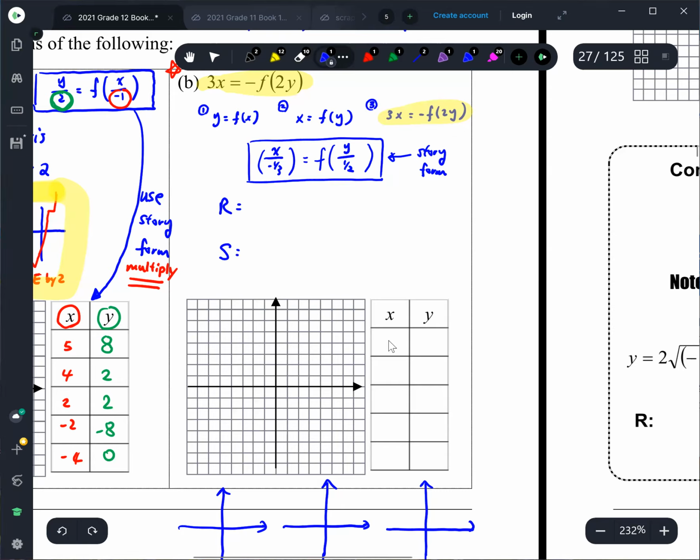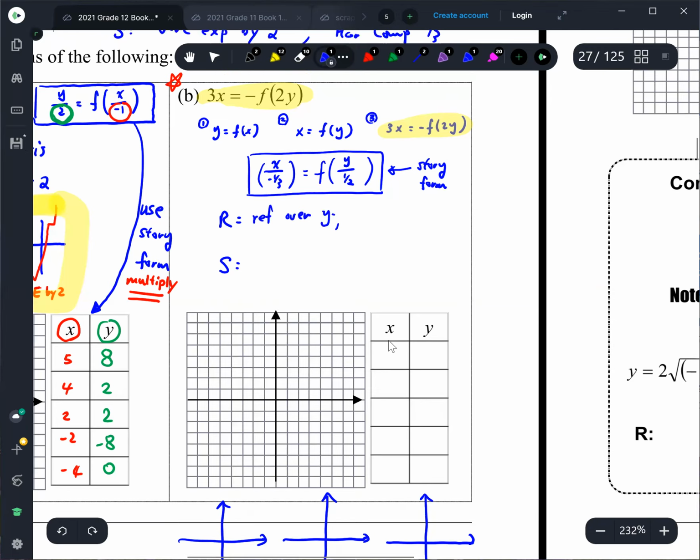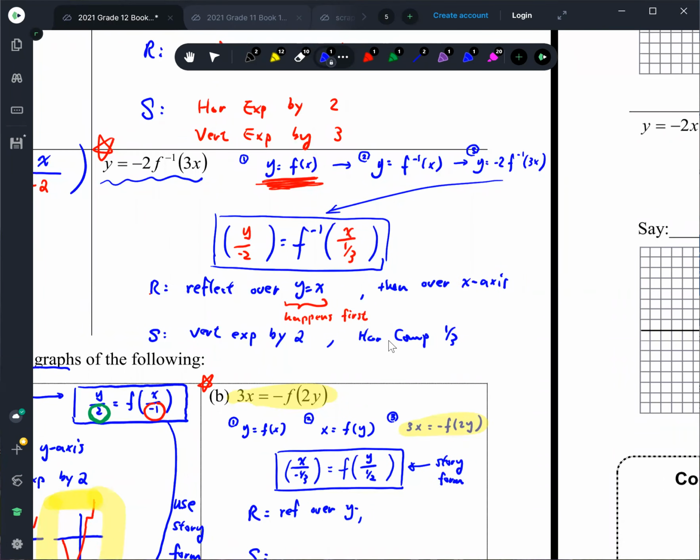So what's your description for reflection? Reflect over the y axis. And before that happens, what happens first? I forgot how to do it. This one has inverse, right? So you need to have reflection over what? If there's an inverse, there's a reflection over what?